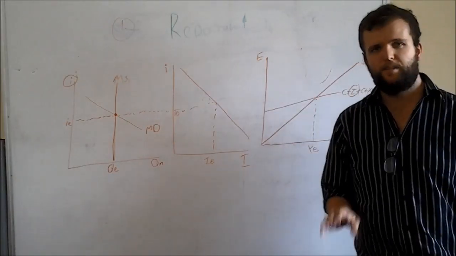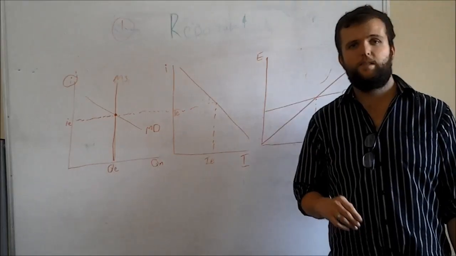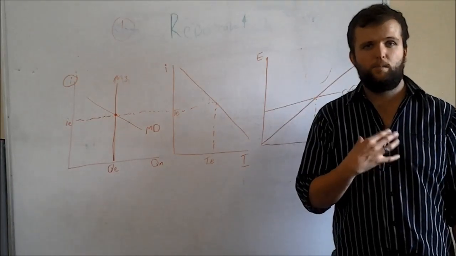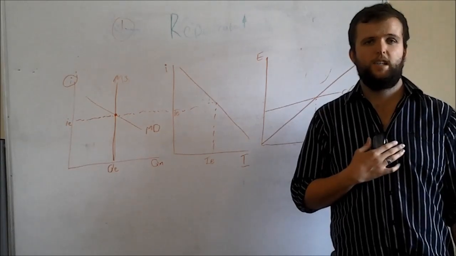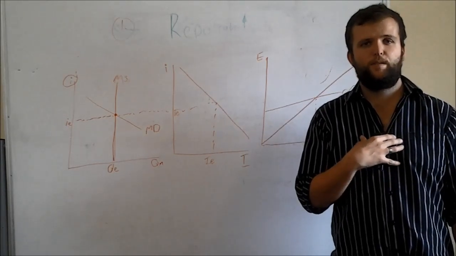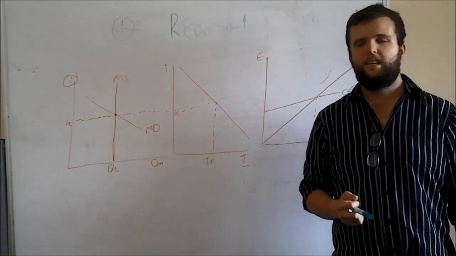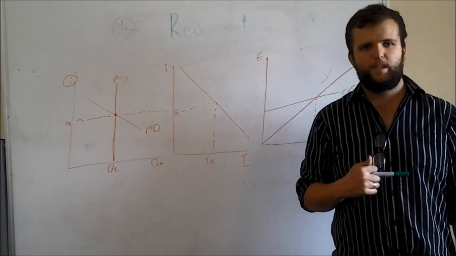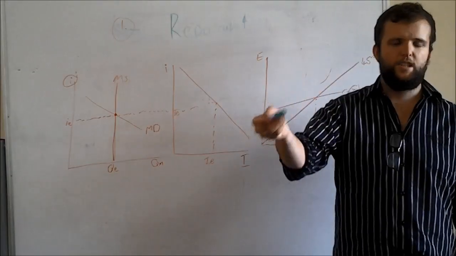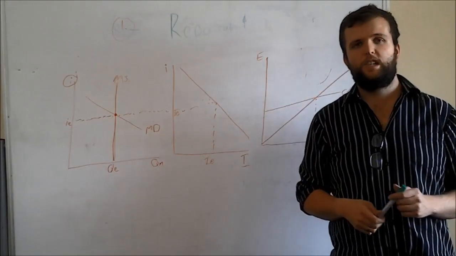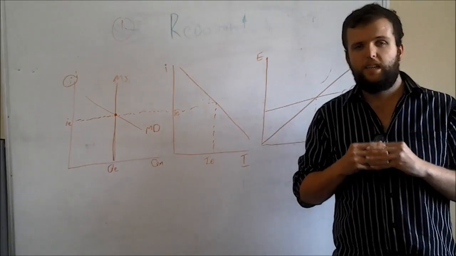Okay, so the third one is open market operations, where the Reserve Bank sells or buys government bonds to or from the commercial banks. So let's say they buy government bonds from the commercial banks. If the Reserve Bank buys from these commercial banks, then they are actually putting money into the economy.